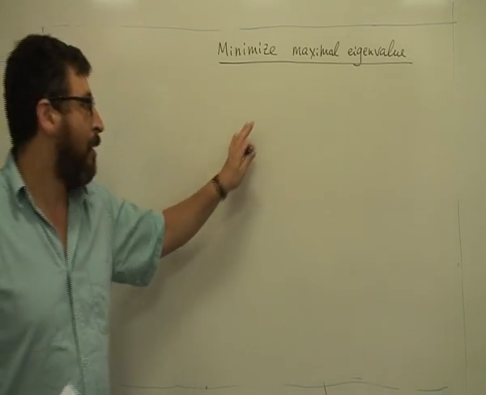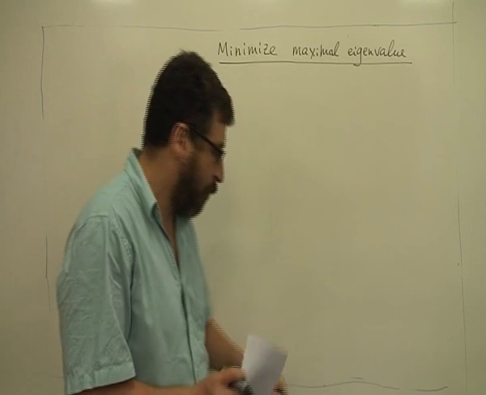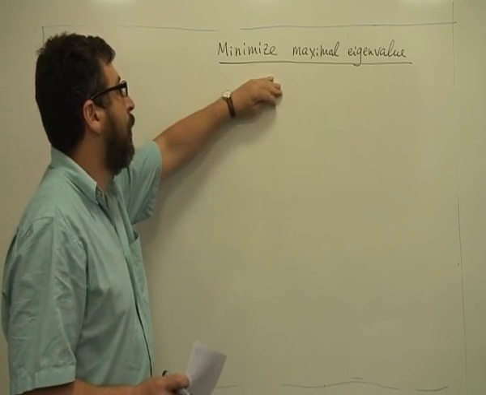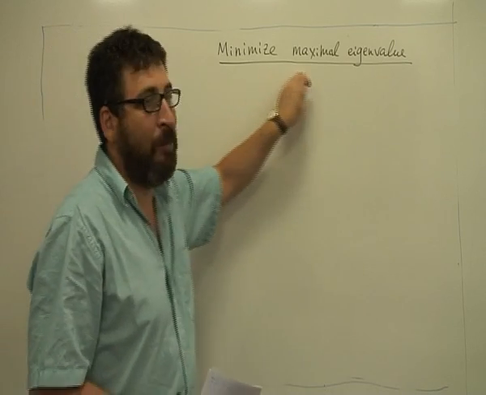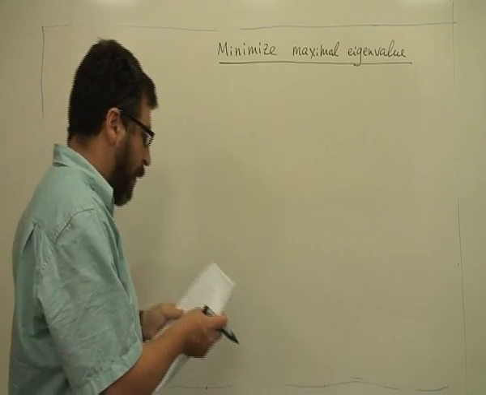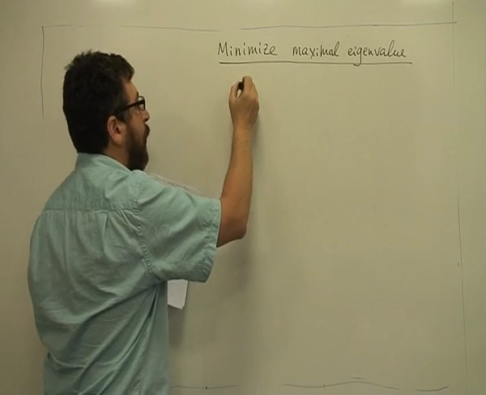Now, the first problem whose conversion to semi-definite programming we will show is the following one: minimum of maximal eigenvalue. It is formulated in this way.